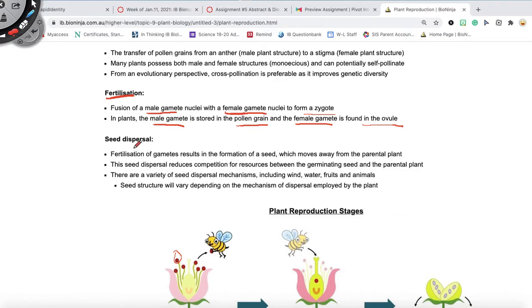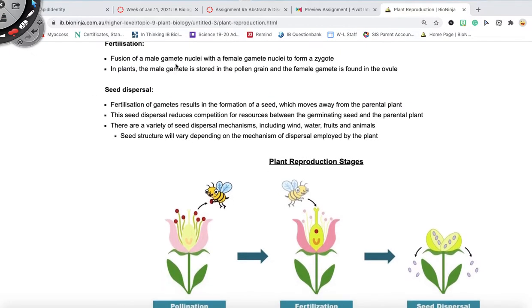So we're going to look at the structure of the flower in the next video lesson, but you probably remember from 9th grade that this right here is composed of the anther and the filament, and this is the male reproductive organ.